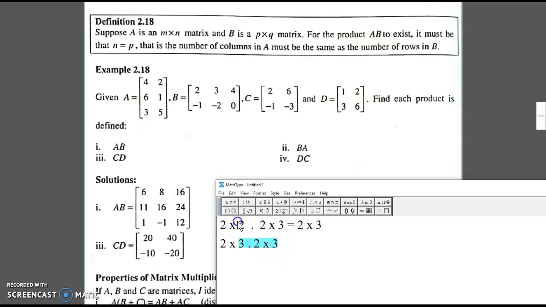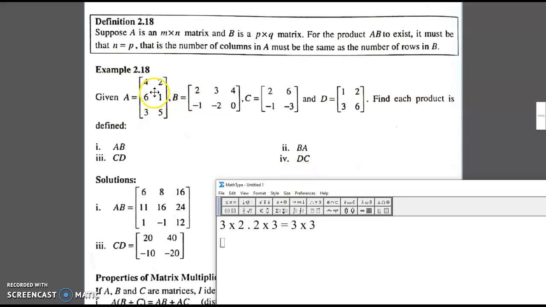Sorry, A is 3 by 2, and B is 2 by 3. So we check it is possible to be multiplied because it has the same value here, and the result we can expect to be in the order of 3 by 3.